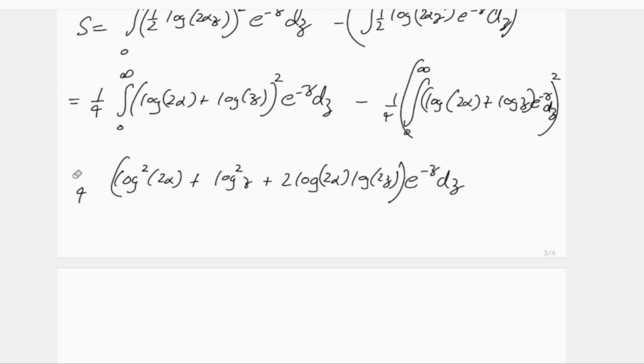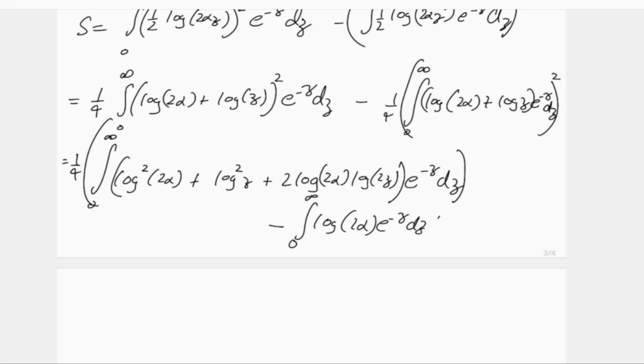Oh, I forgot an integral, yeah. This is the first term minus the second term. By the way, this 1/4 I took it out there, so I won't write that again. 0 to infinity log 2 alpha e minus z dz plus 0 to infinity log z e minus z dz. This thing whole squared. I just expanded this.